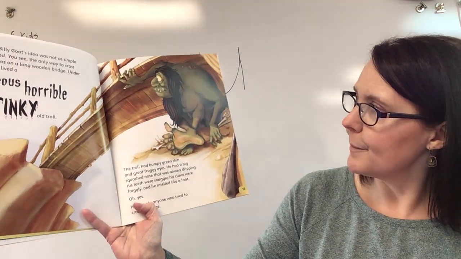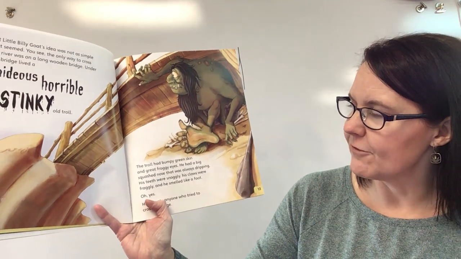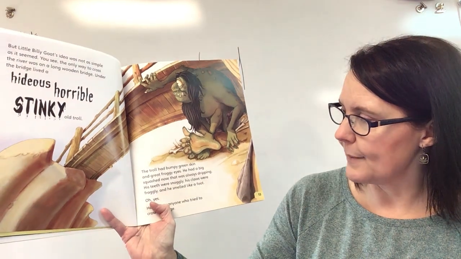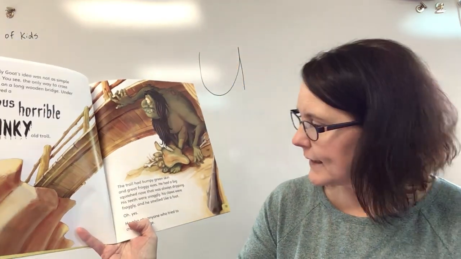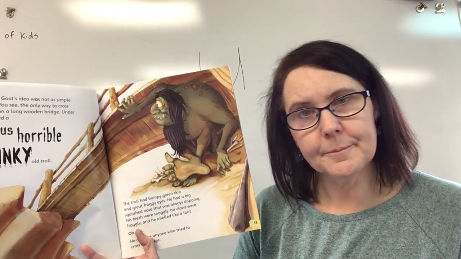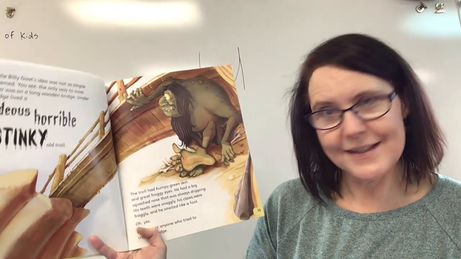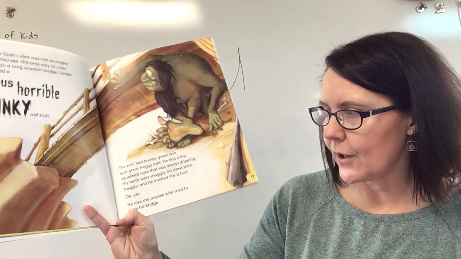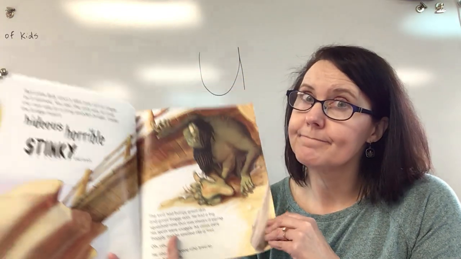The troll had bumpy green skin and great big froggy eyes. He had a big squash nose that was always dripping. His teeth were snaggly, his claws were fraggly, and he smelled like a foot. That doesn't smell very good, does it? Oh yes, he also ate anyone who tried to cross his bridge.